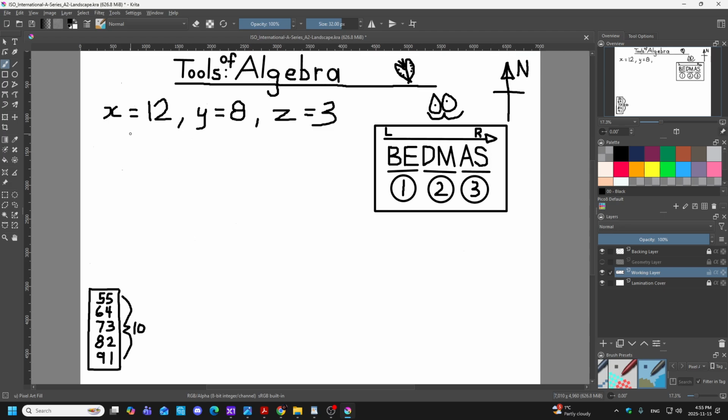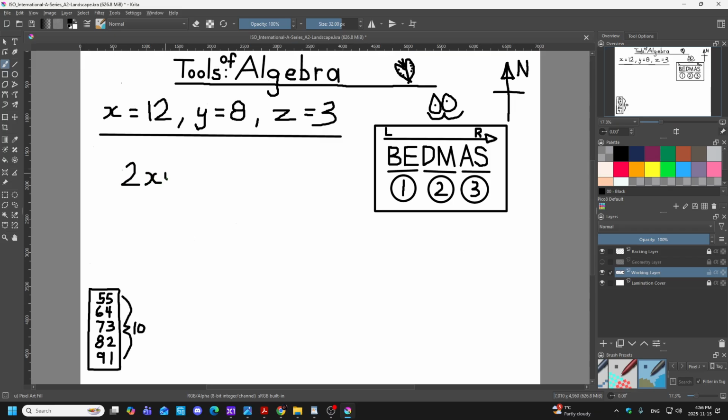Double check. X is equal to 12. Y is equal to 8. And z is equal to 3. Okay. So the question is, I'm going to go like this. Those are our knowns.